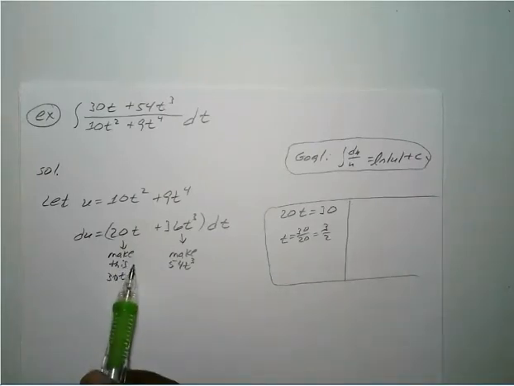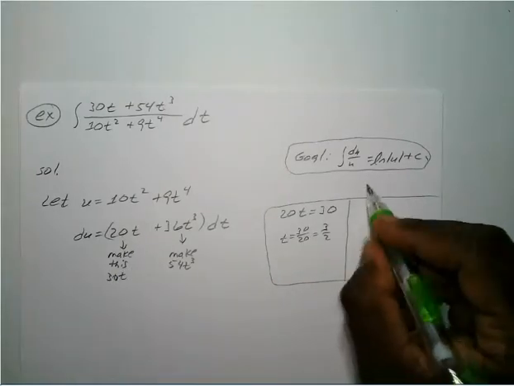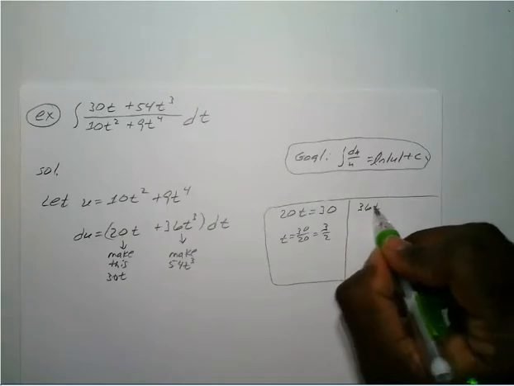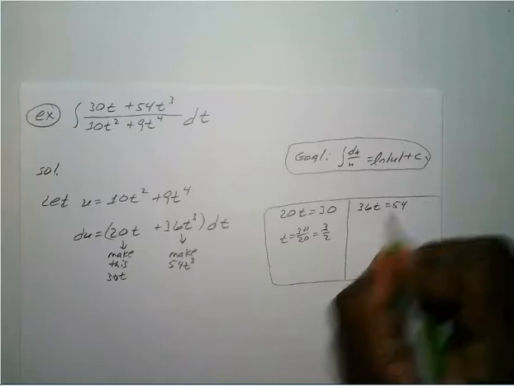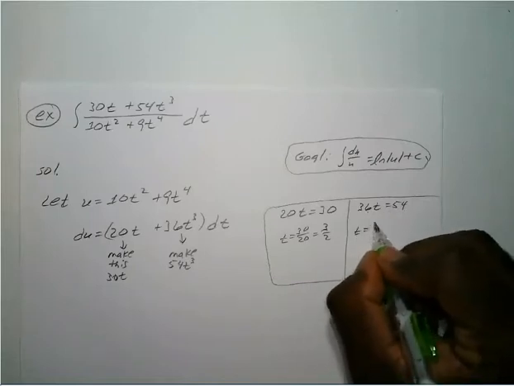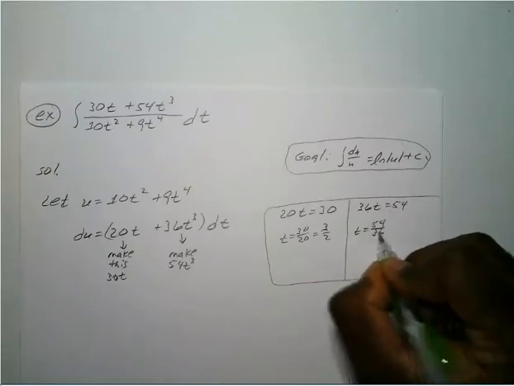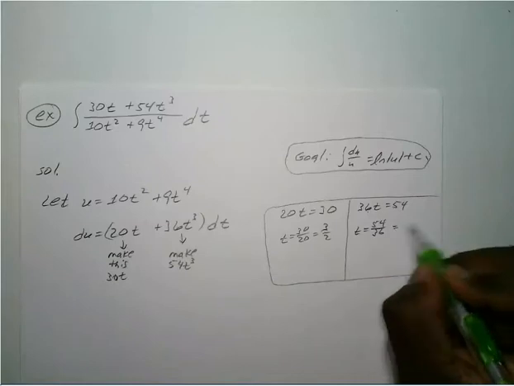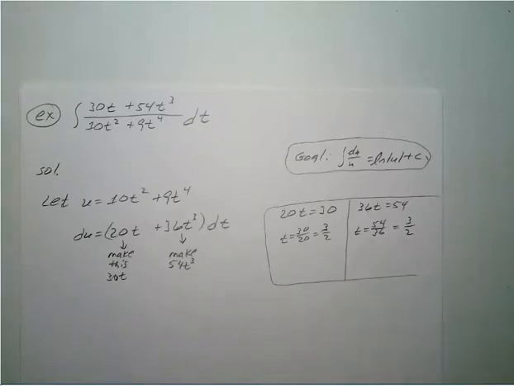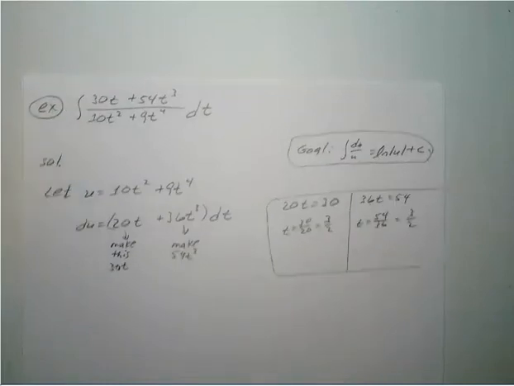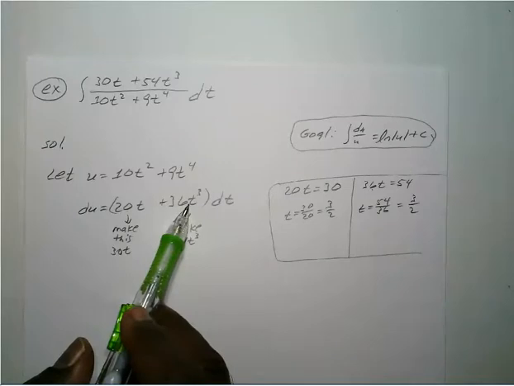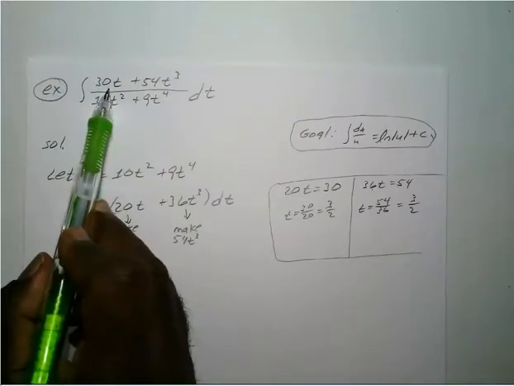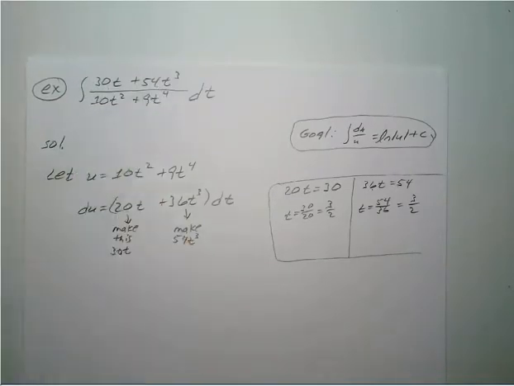Same thing here. If we want 36t to equal 54, we divide both sides by 36, we have t equals 54 over 36, which is actually 3 over 2, once you simplify it. All right, so if we multiply both of these by 3 over 2, we will end up with 30t and 54t to the third.